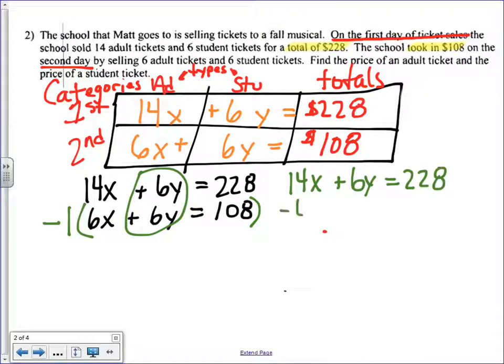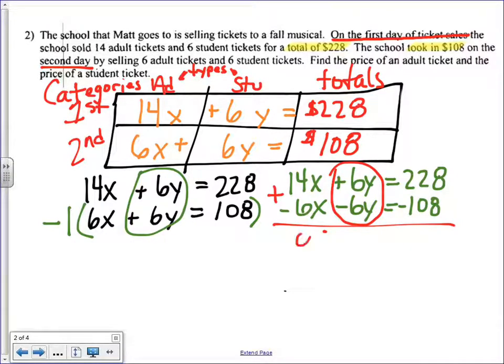On the bottom, I have negative 6x minus 6y equals negative 108. Now I truly do have my inverses, positive 6y and negative 6y. Let's add them together. 14 plus negative 6 is 8x. 6 plus negative 6 is 0y. And 228 minus 108 gives me 120.